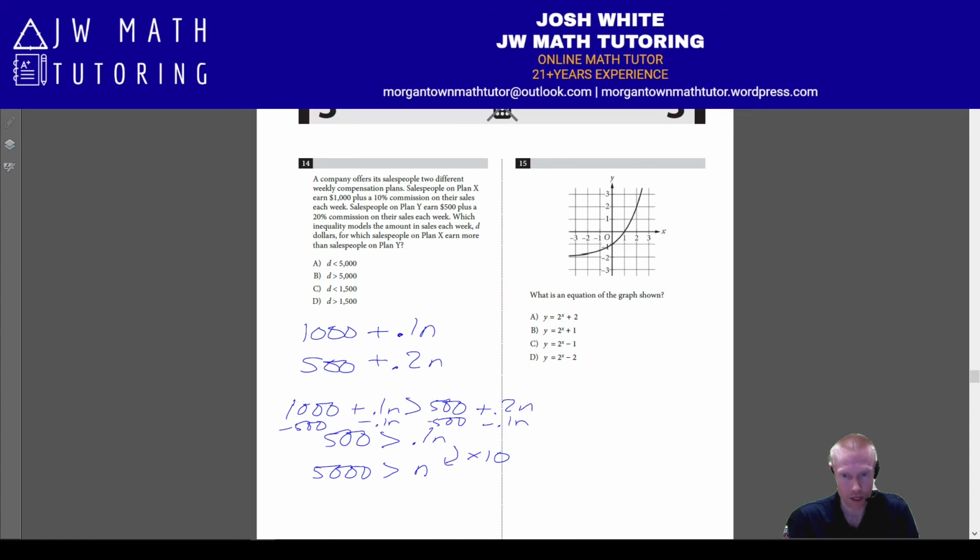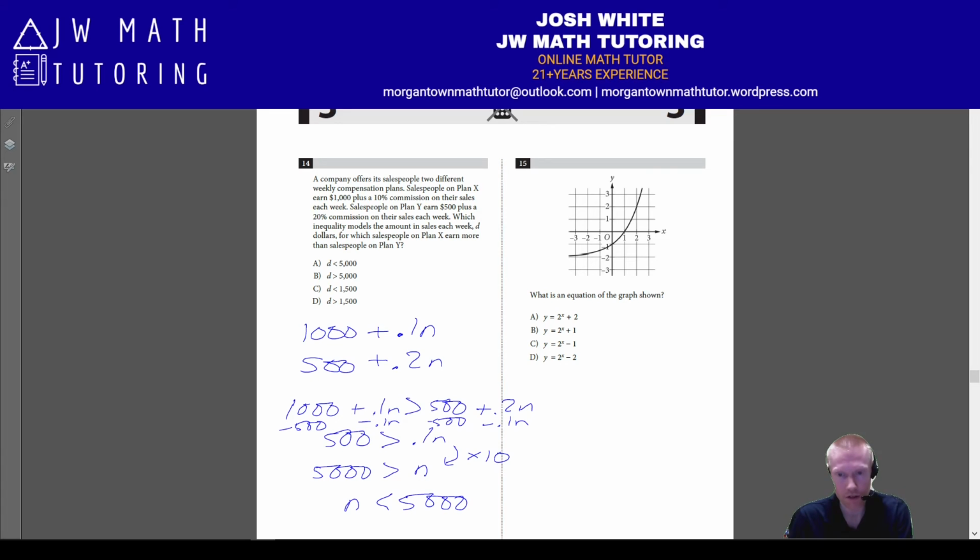Now I'm just going to rearrange it. I'll put my variable, N, on the left side. When I do that, of course, I'm going to flip the direction of my inequality. Because whenever you flip or rotate an inequality, it needs to maintain the direction the symbol is pointing.